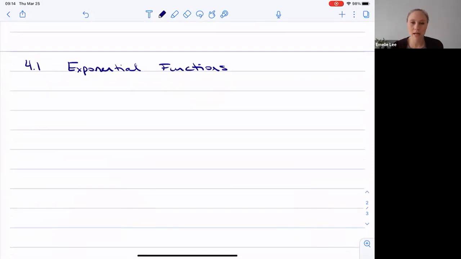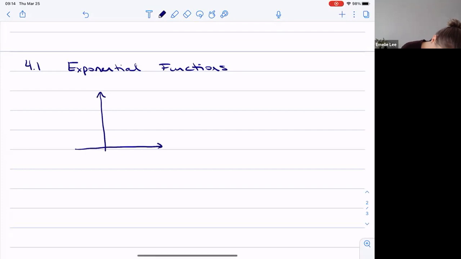So financial math uses a lot of exponential functions. And we use terms like exponential growth, or maybe less so exponential decay, but exponential growth is when you have something that kind of looks like this. Here we have exponential growth.